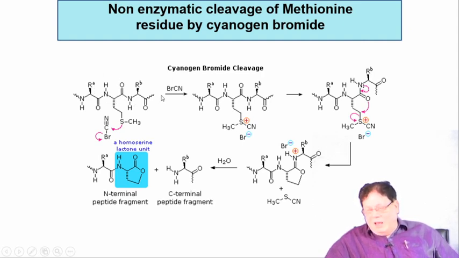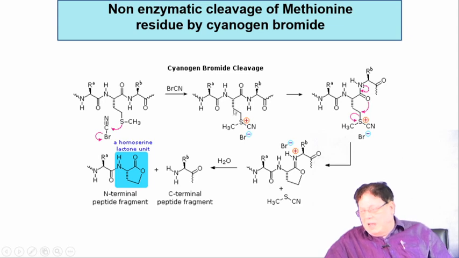Okay. And now, as you treat with cyanogen bromide, you know in cyanogen bromide this carbon is highly electrophilic, being flanked by two electronegative groups. So, the sulfur attacks the carbon of cyanogen bromide and the bromine leaves. That is a good leaving group here. So, the bromine leaves, and as soon as bromine leaves, you get a species which is like this.